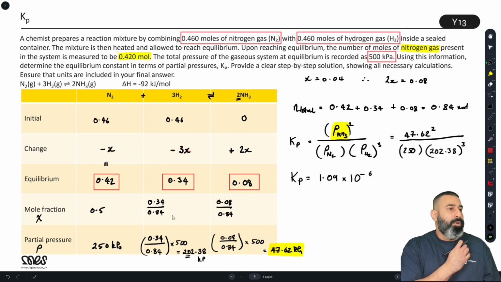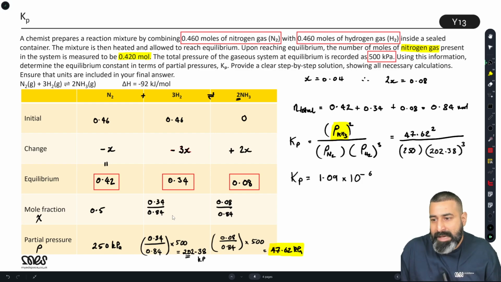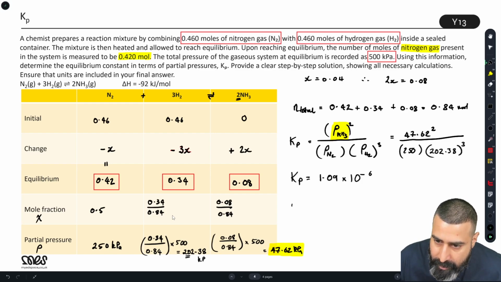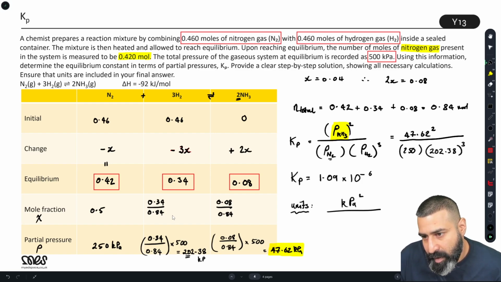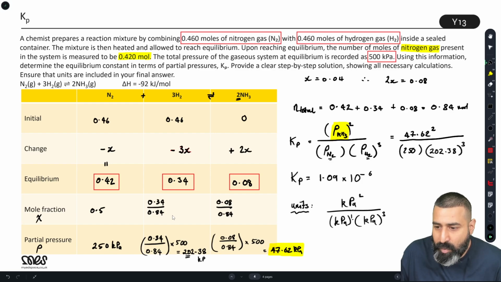Okay, initially I started putting my units in, but actually it made it more messy, so we can do our units after. So we need to state our units. So we have kPa squared for our numerator, and then for our denominator, for N2 we have kPa to the 1, and then we have kPa to the 3. So when the base is the same, what do we do to the index? We add it together.